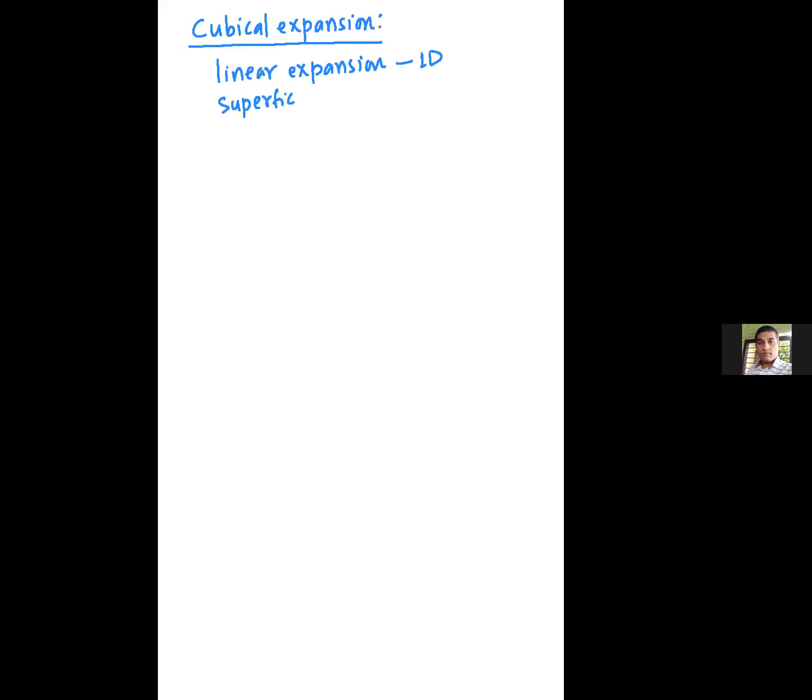Area or superficial expansion is two-dimensional. And the third is cubical, also called volume expansion. So we are going to discuss cubical expansion. This is three-dimensional, okay?